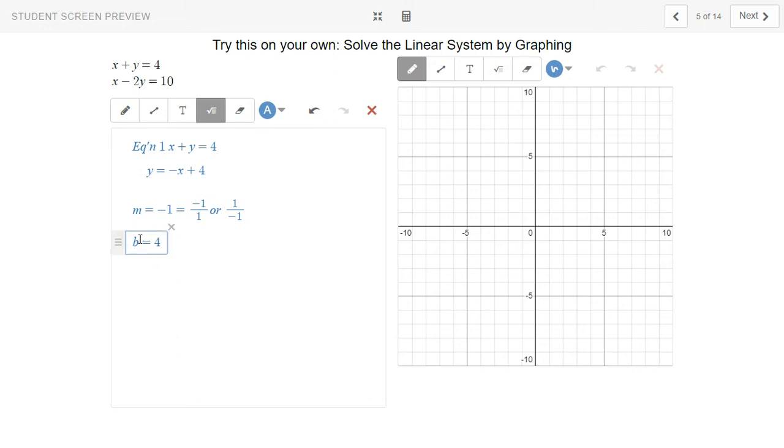We're always starting out at 4. Next, we're going to count the next spots, down by 1 and to the right by 1. Down, across, down, across, down, and across.